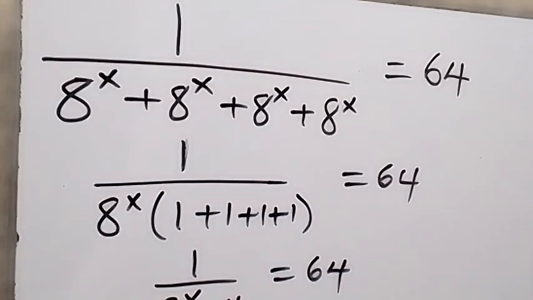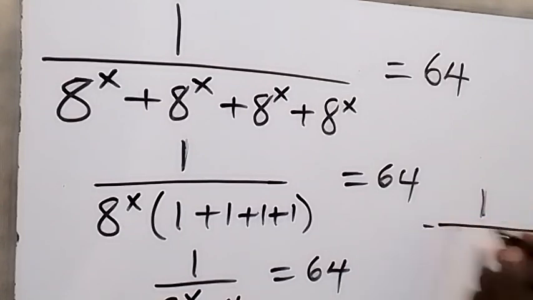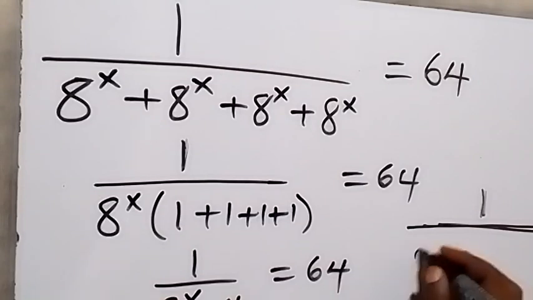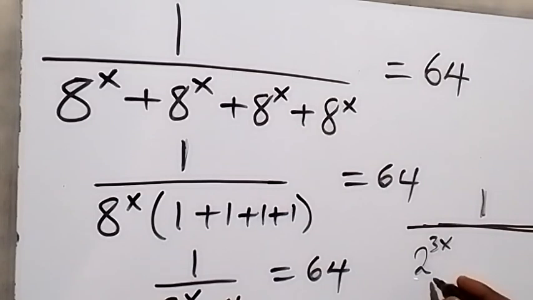Then when we put the value, let's bring this one down as 1 over x is minus 8 over 3, and this 8 here, let's write it again as 2 raised to power 3x, that's the same thing as 8 raised to power x, then plus 2 raised to power 3x plus 2 raised to power 3x plus 2 raised to power 3x.